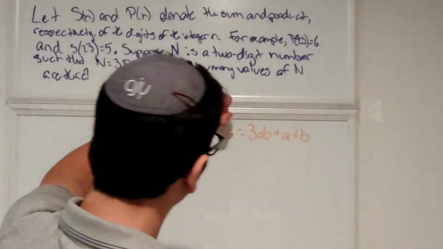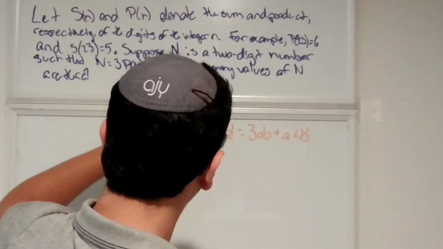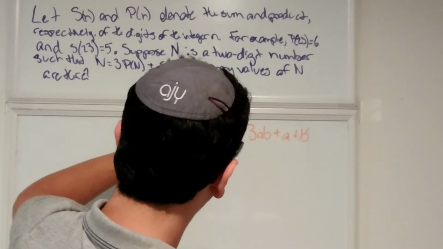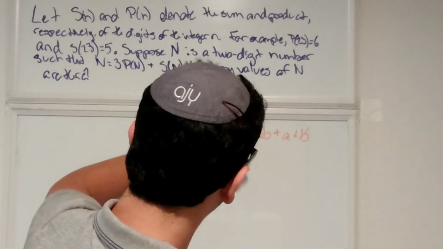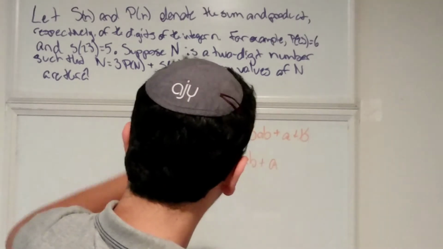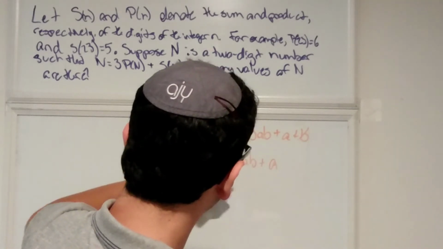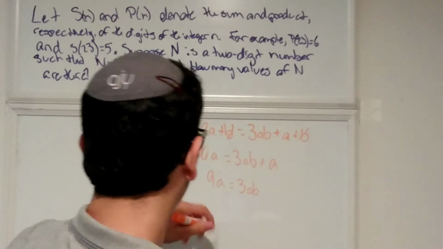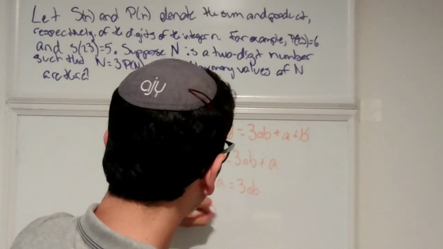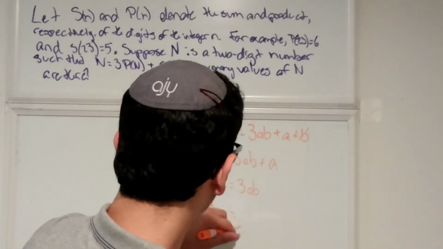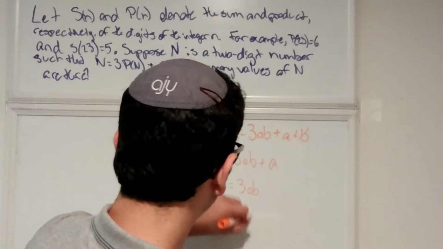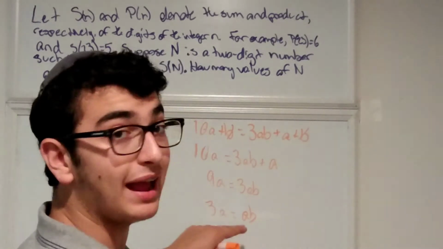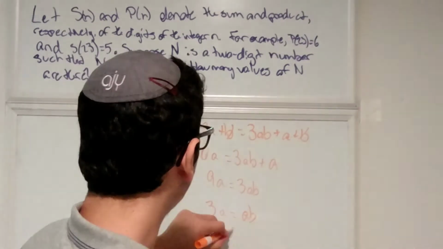So now these b's cancel out. I am left with 10a is equal to 3ab plus a. So that means that 9a is equal to 3ab. Now dividing by 3 on both sides, I get 3a is equal to ab. And now if I divide by a, I get b is equal to 3.